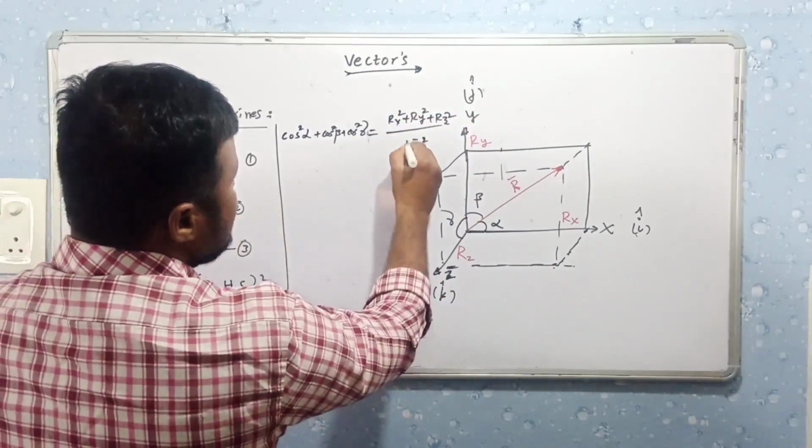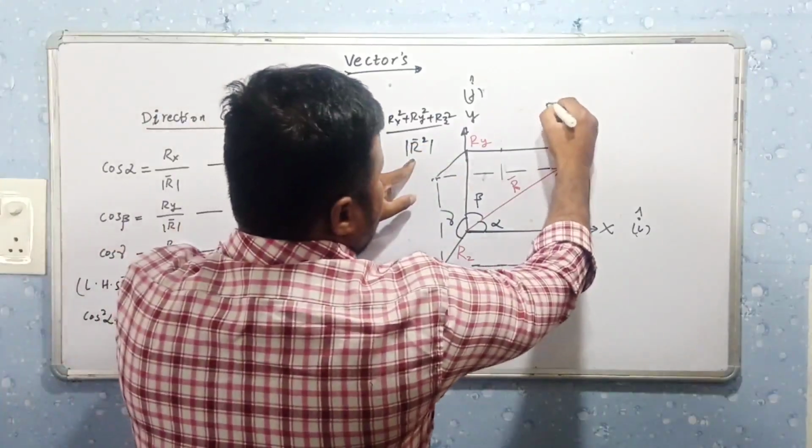What is R modulus square? What is the representation of the position vector?